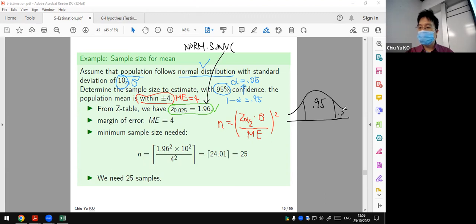So this is 0.025 and this is 0.025, and the left-hand side is 0.975. This will give 1.96.